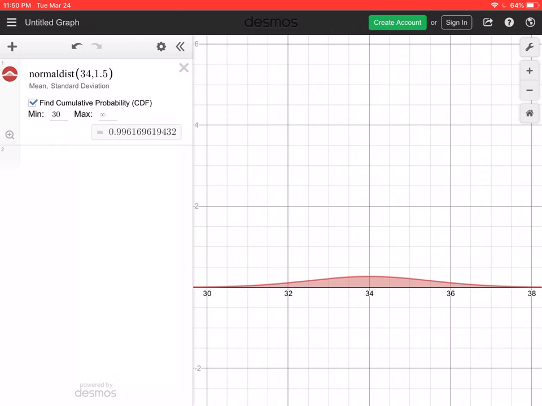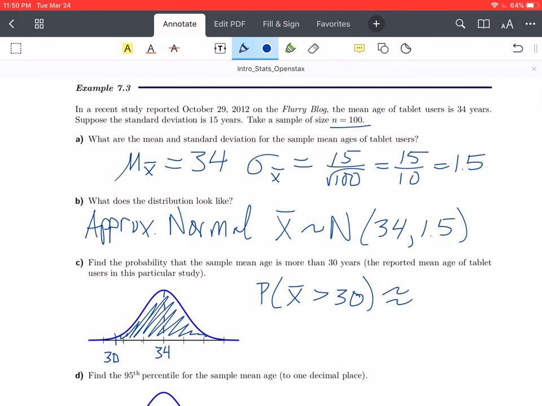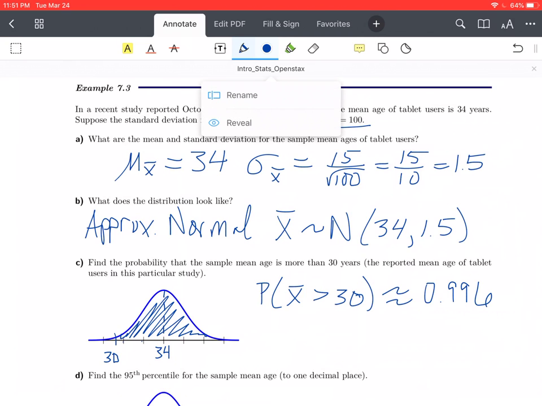And we get a value of 0.996 approximately. So the probability that x bar is greater than 30 is approximately 0.996. Alright, so in our sample of size 100, the probability that the mean age in that group is going to be more than 30 years, there's about a 99% chance that the mean age would be higher than 30.